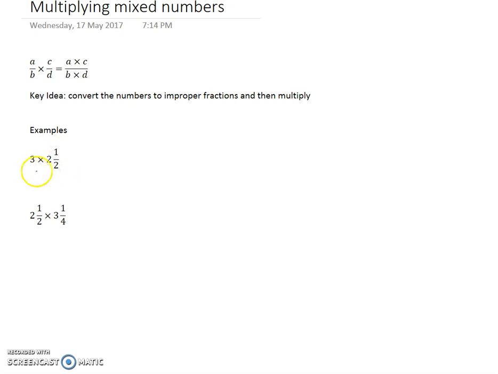Okay, so this is 3 groups of 2.5, which just means 2.5 plus 2.5 plus 2.5. So I have 2.5 pizzas plus 2.5 pizzas plus 2.5 pizzas. How many pizzas do I have in total? Well, you should see that you can do this.